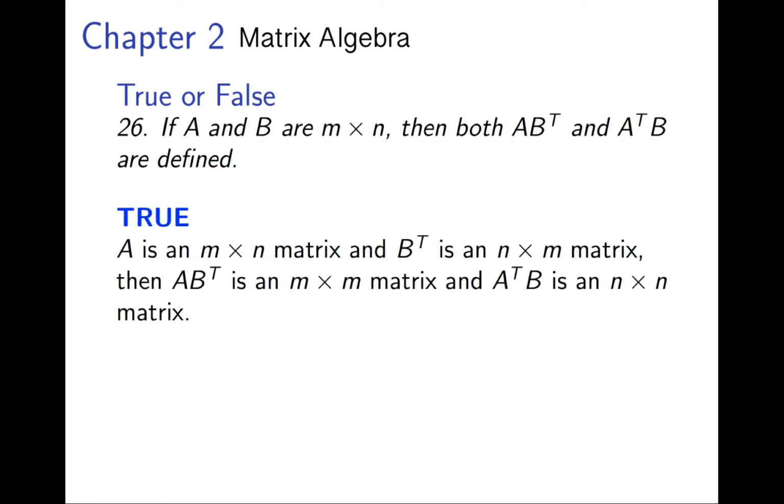So the number of columns of A is equal to the number of rows of B transpose. So of course, AB transpose is defined, and it's an m by m matrix. Similarly, the number of columns of A transpose is equal to the number of rows of B. So A transpose B is defined, and in this case, it's an n by n matrix.